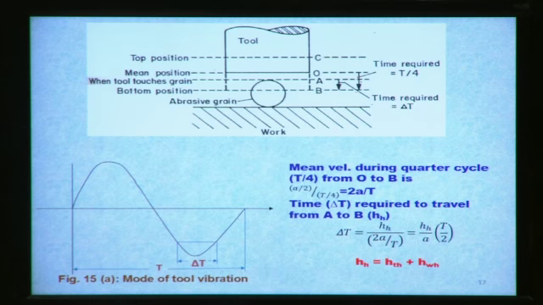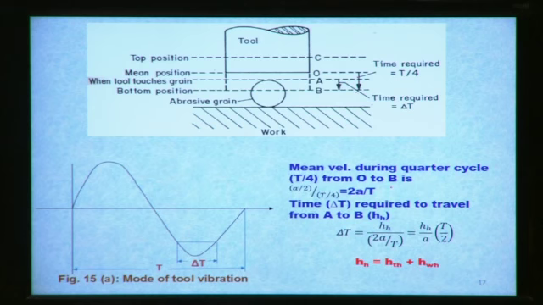The velocity we can calculate as A by 2 divided by T by 4. With this time T by 4 it is moving A by 2 amount of depth. After simplification we will get 2A by T. So this is the mean velocity of the tool during the quarter cycle.